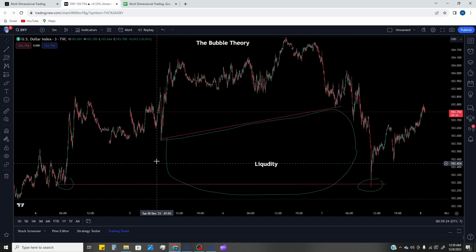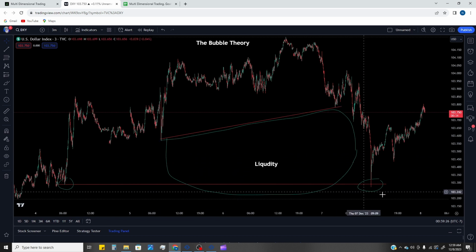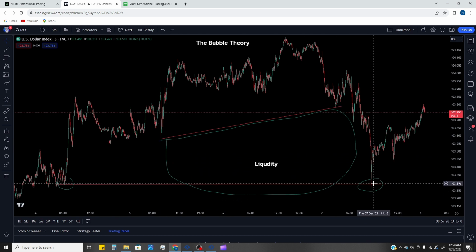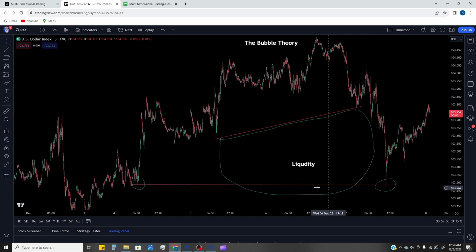You're going to find the bottom of the bubble, and then when you have the confluence of the equal lows at the same time, this is giving you that multi-dimensional trading concept, right? Where you're looking at multiple dimensions: space, time, and price.